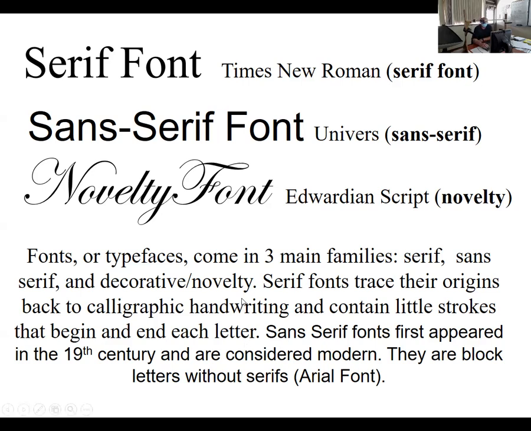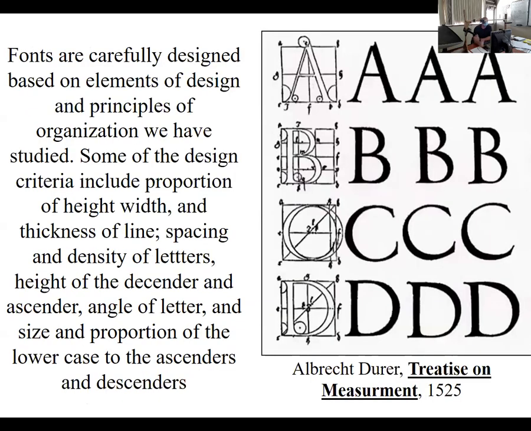So those are like the three major classifications that I would create if I was writing a textbook on fonts. What does that mean? Fonts are carefully designed things. They're based on the elements of design and the principles of organization that we have studied in chapters 1 through 6 in the textbook.